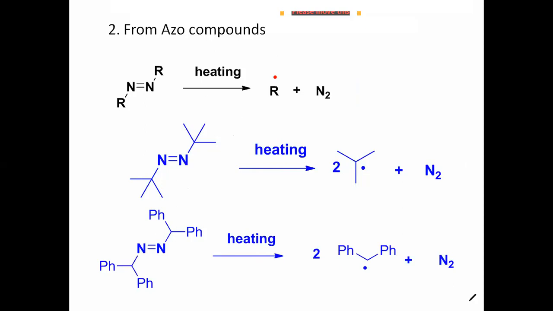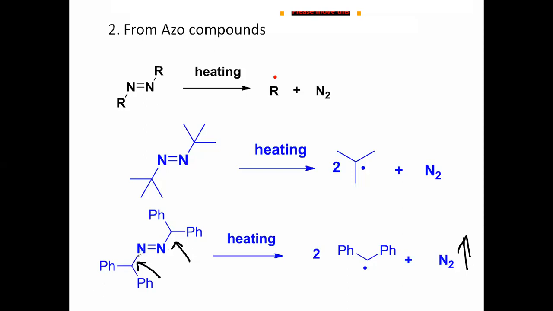A similar fate would be observed for this given compound, irrespective of the complexity in the molecule. Our aim is to focus only on the bond. Which bond? This bond, this bond. Why this bond? Only because our aim is to remove nitrogen from the molecule. This nitrogen removal is our aim.